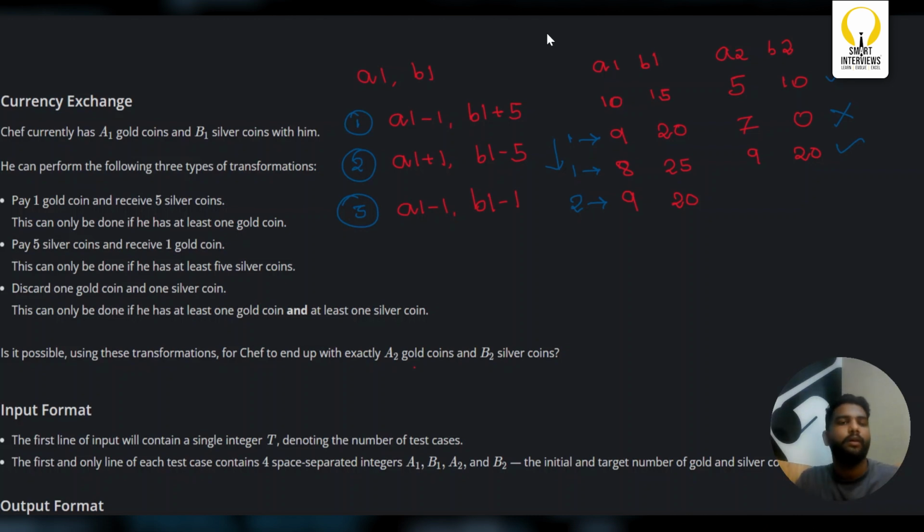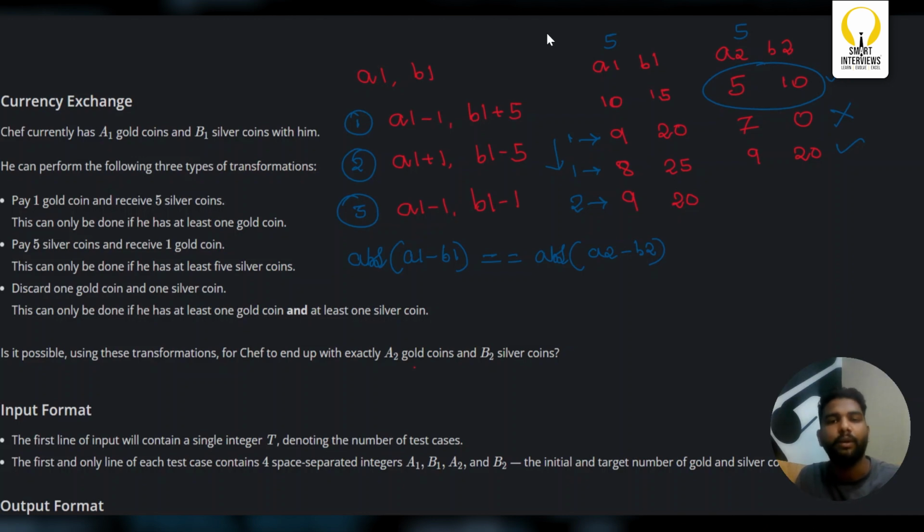Now, can you see that the difference between A1 and B1 is 5, and in the first example also the difference is 5, right? So for operation 3, if the difference between A1 and B1 is equal to the difference between A2 and B2, can I say that it is a direct yes?